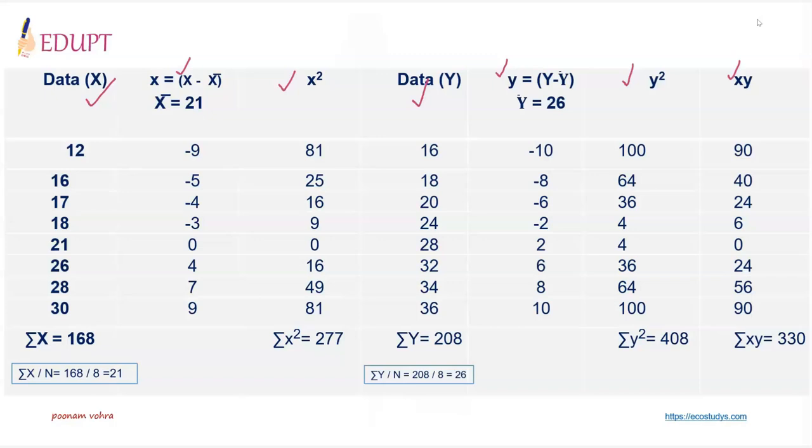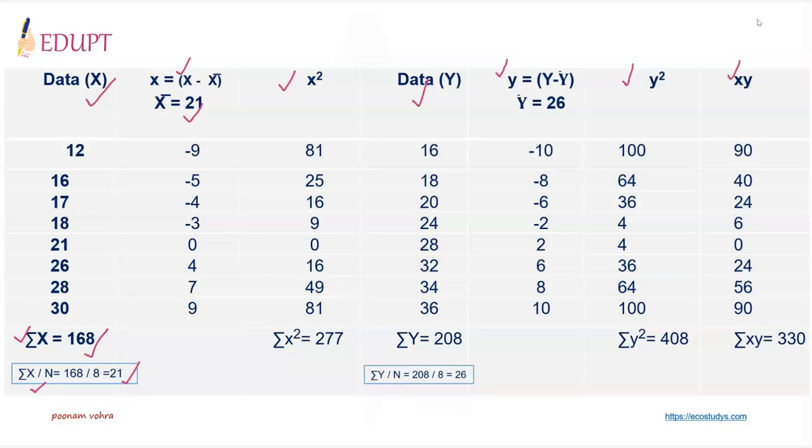Beginning with the first column, we need to sum up all the values of the variable. The summation of 12 plus 16 plus 17 and so on is 168. You need to find the actual mean, which is summation of x by n. N is 8, so 168 by 8 is 21. So you need to find deviations taking actual mean as 21.